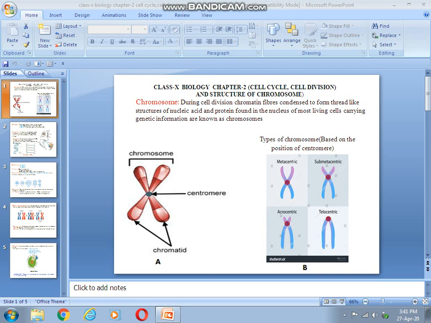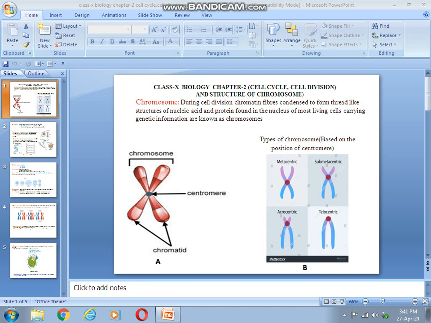Sex chromosome is of two types, X and Y. In human female, both the sex chromosomes are X, that is X and X, XX.